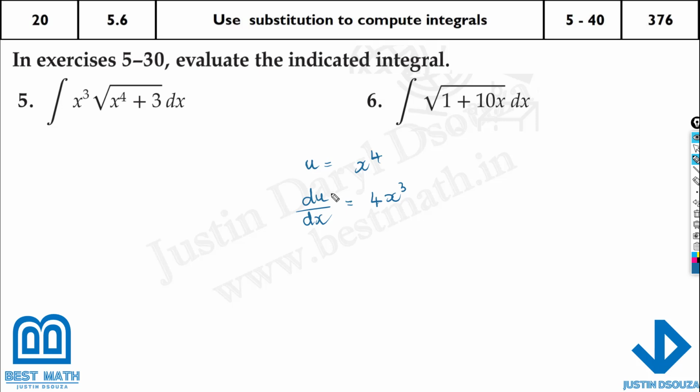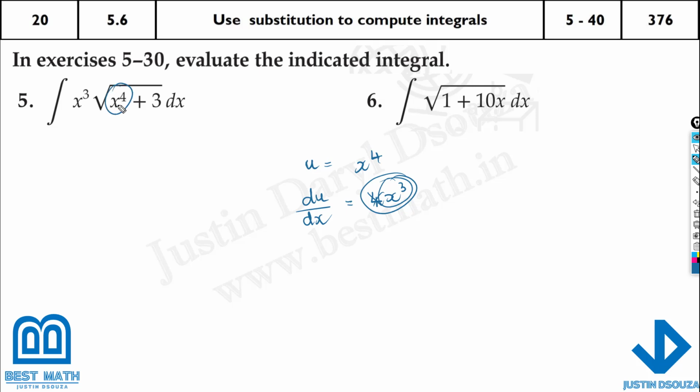Why do we do this? Now imagine we assumed u to be x to the power 4. We can apply this as u, but what about this dx? And what about this x cube? No, we cannot solve that. So here we are getting 4x to the power 3. Now this is a constant, that's fine. But x to the power 3, we can do some rearrangement and solve it. But here there are a few rules to remember.